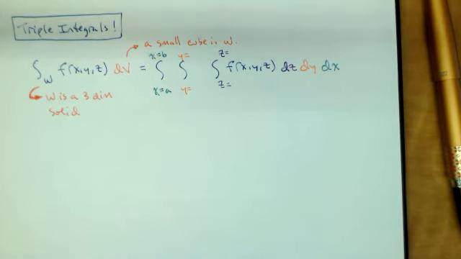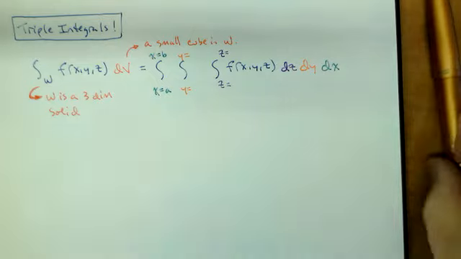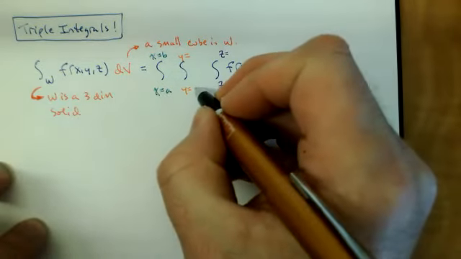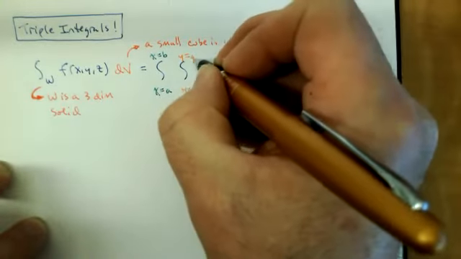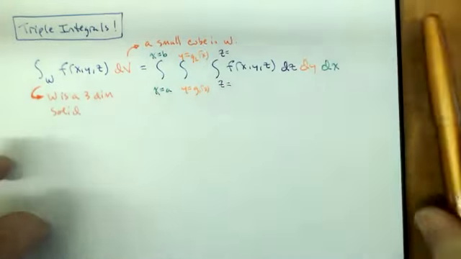Once we integrate dz, we're done with z. z is gone. We only have x and y. But in the double integral dy dx, y can be a function of x to another function of x. I think I was using g for these. So g1 of x, g2 of x.